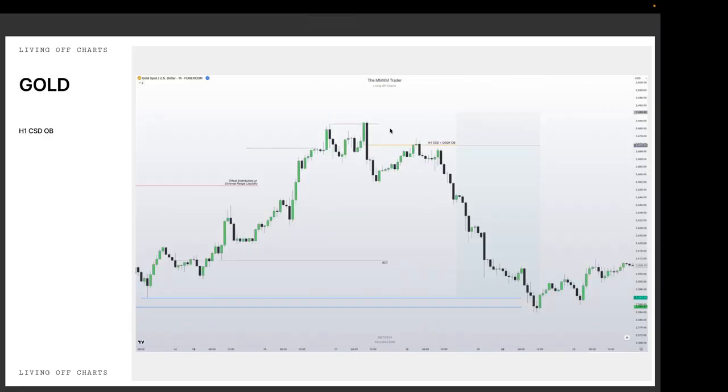So if we were to zoom into the hourly chart, we could refine our risk even more. However, when you do go to a lower time frame, you sometimes might miss a trade. So you have to look at the higher time frame and the lower time frame and see if the higher time frame gives you enough RR.